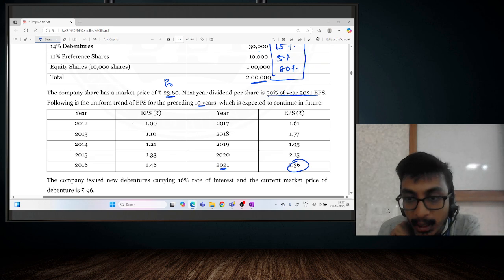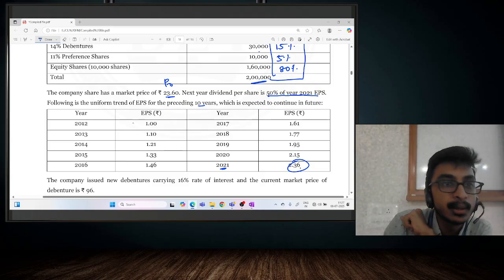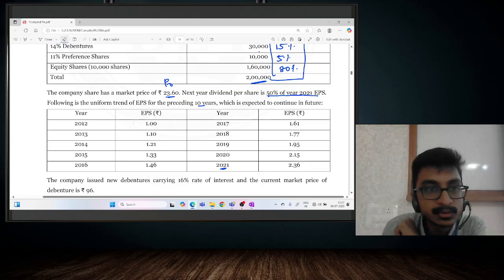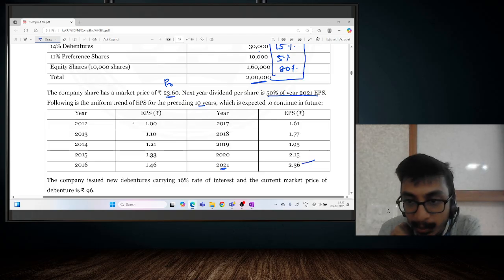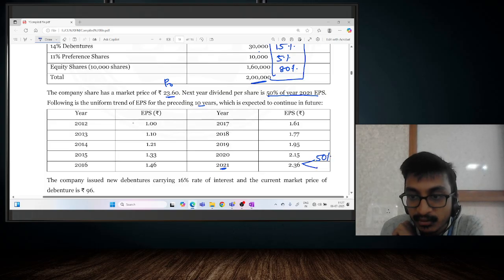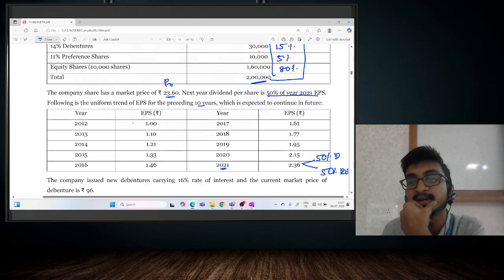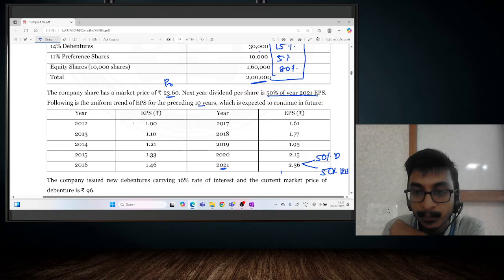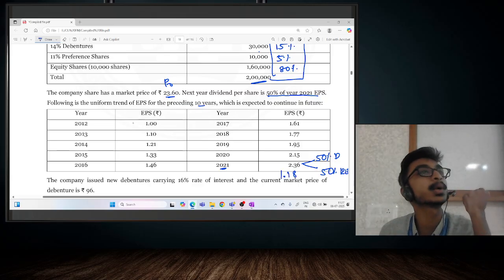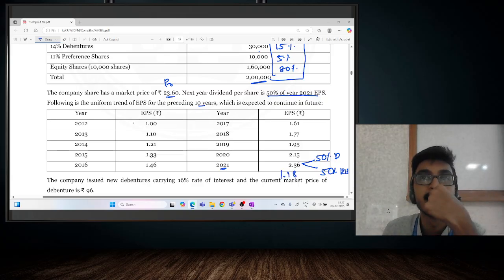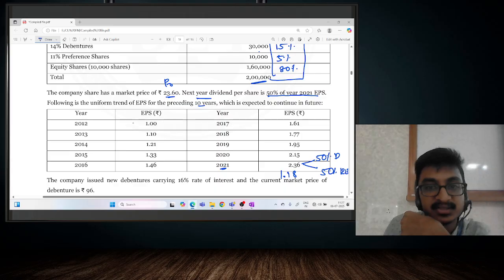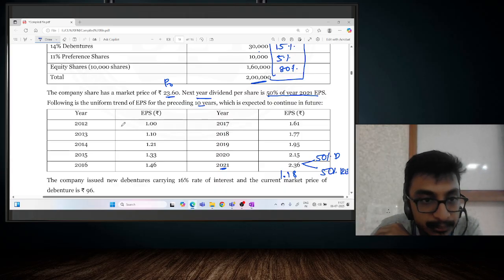So 2021 EPS is 2.36. Out of this 2.36, the company is planning to distribute 50% dividend, so the remaining 50% is retained earnings. Clear? So 50% of 2.36 we get 1.18. Is this 1.18 D0 or D1? D1. Why? Because it is mentioned in the question, next year dividend. So it is D1.